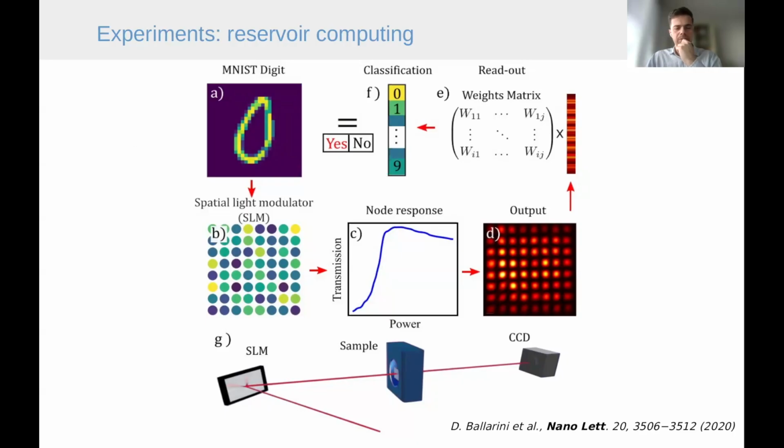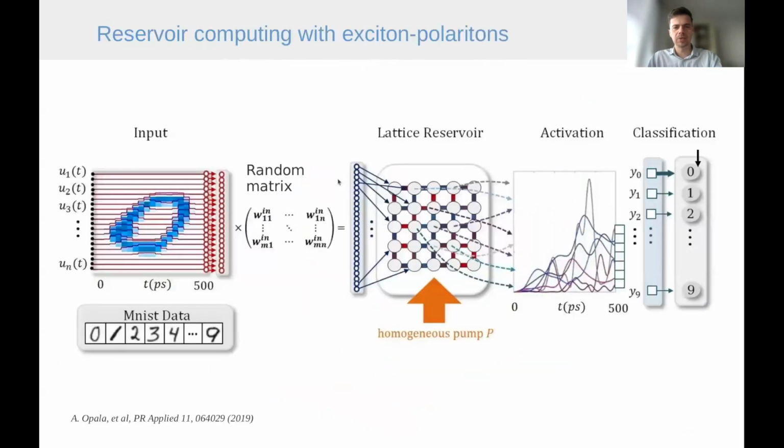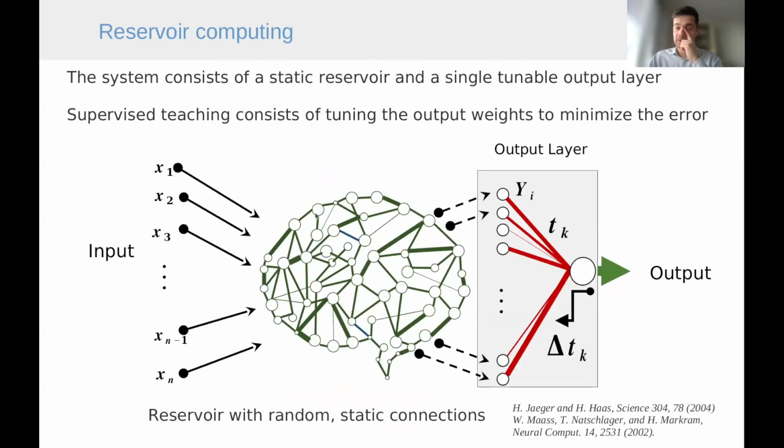And actually, this reservoir computing concept was designed by the machine learning community to fight the lack of convergence of recurrent networks.